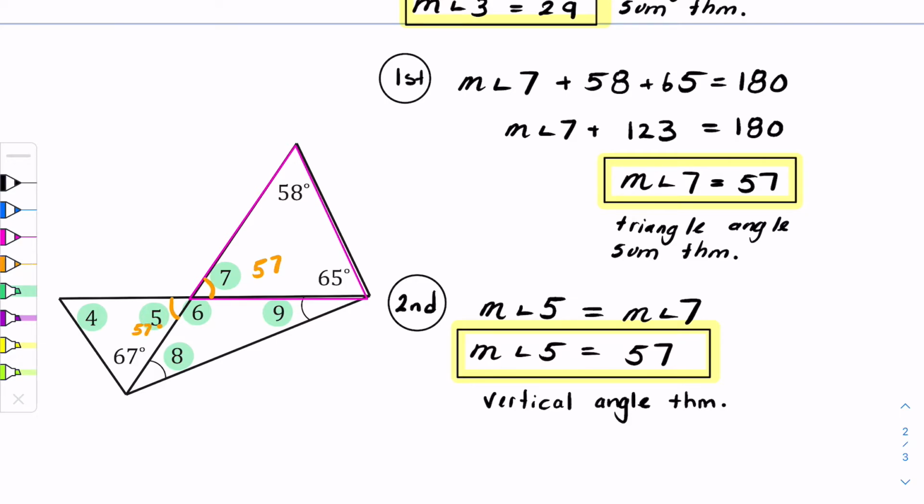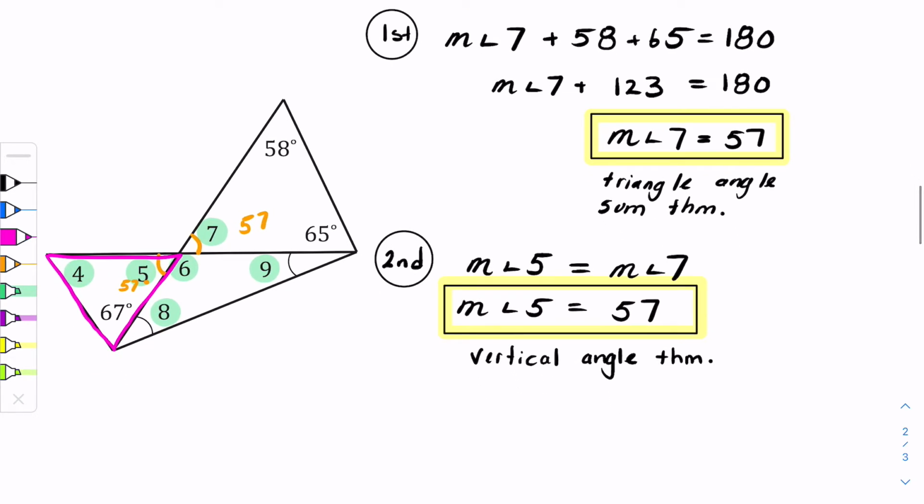Now I'm going to switch triangles and focus on this smaller triangle here. I can easily solve for the measure of angle 4 because we have 67 plus 57 plus the measure of angle 4 is going to equal 180 because of the triangle angle sum theorem.